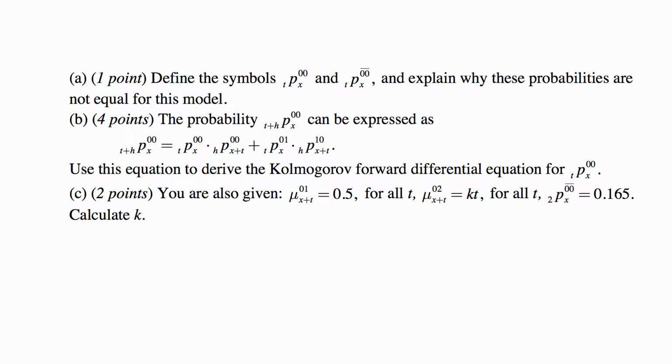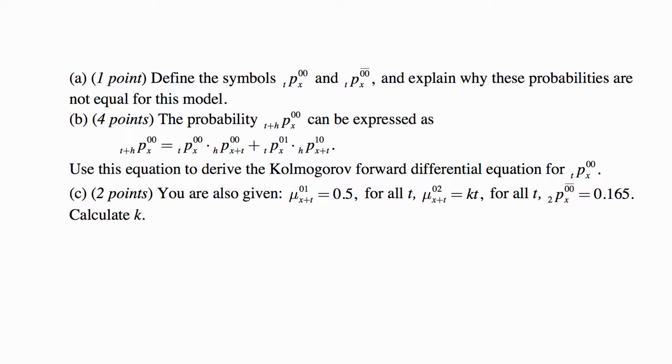And if there is a bar above it, that means you're really in state 0 and you never leave it. The bar indicates that you are continuously in state 0 throughout the time from x to x plus t.